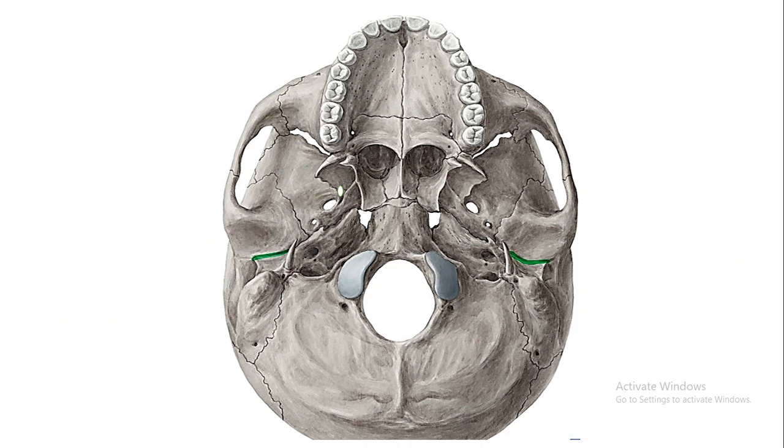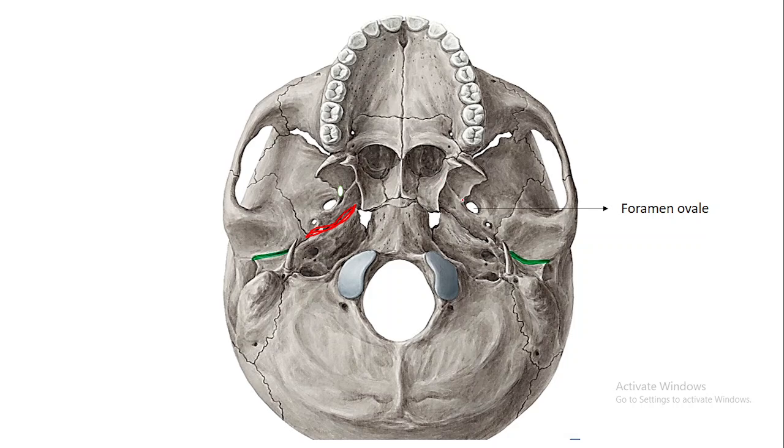Now we'll see that along the posteromedial border of greater wing of sphenoid, there are a few foramina. This is the foramen ovale. Foramen ovale is a large oval foramen which is present posterolateral to the upper end of posterior border of lateral pterygoid plate.